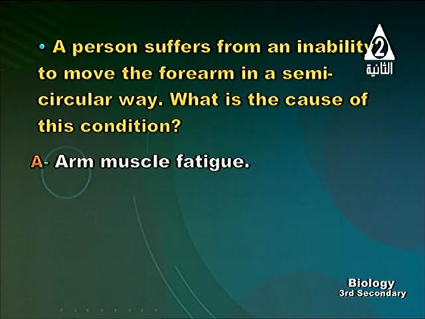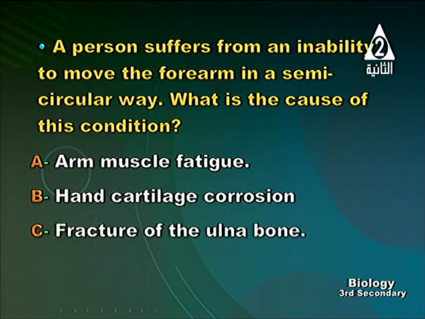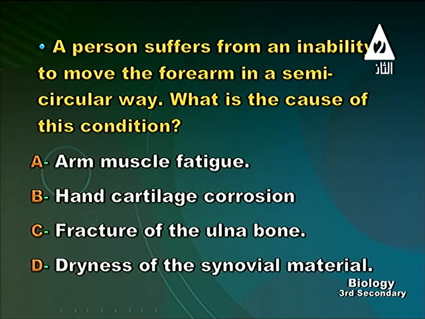A person suffers from inability to move the forearm in a semicircular way. What is the cause of this condition? Arm muscle fatigue, hand cartilage corrosion, fracture of the ulna bone, or dryness of the synovial material. Of course, teacher Mona told you that the ability to move the arm in a semicircular movement is related to the radius bone, which is present in the lower arm part.